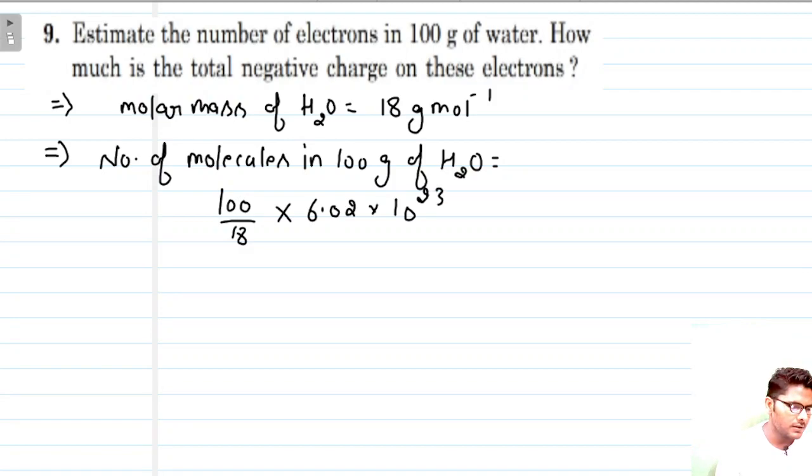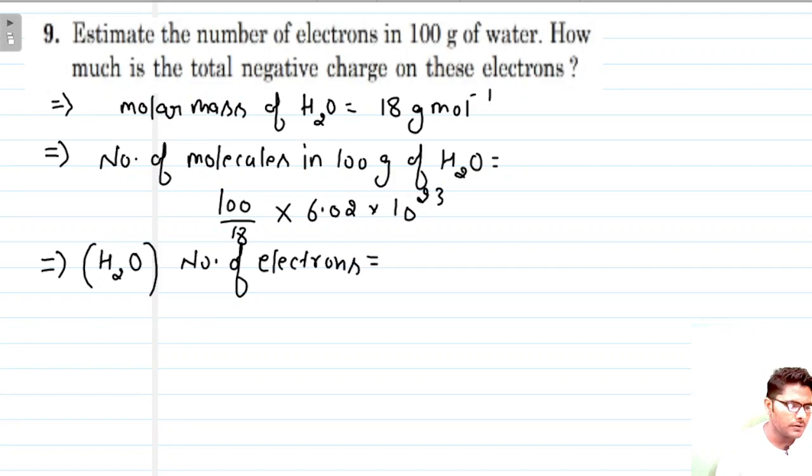As you can see, in H2O there is 1 electron in each hydrogen and 8 electrons in the oxygen. So the total number of electrons will be this quantity multiplied by 10. When you solve this, you will get the answer. I have made the calculations.